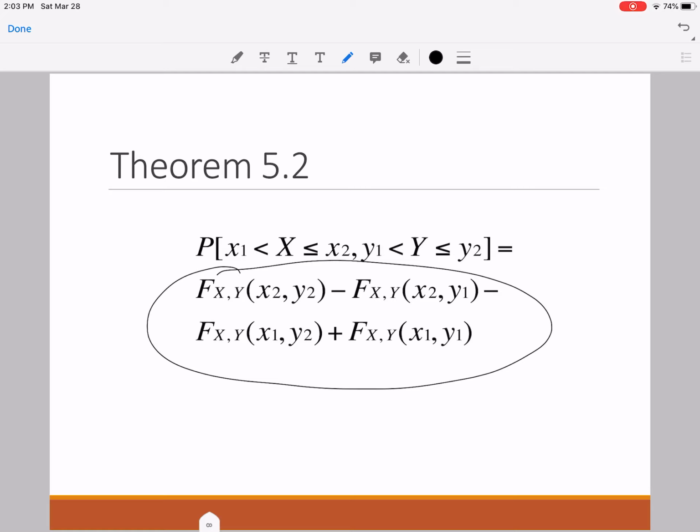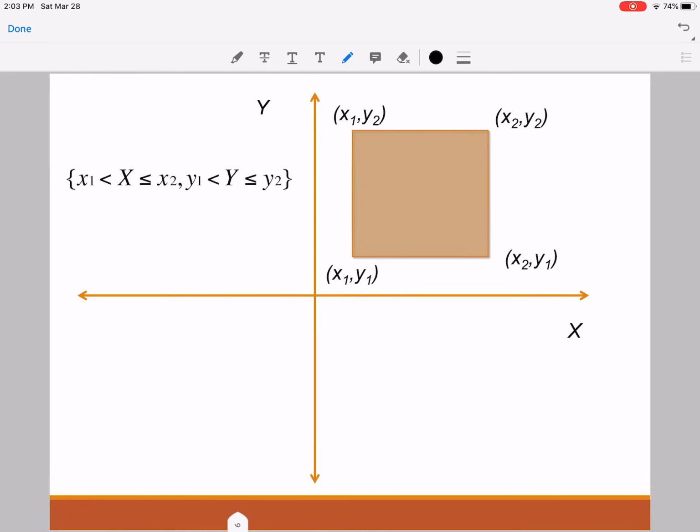First, I will evaluate F of x comma y at x2 comma y2, then subtract Fxy at x2 comma y1, then subtract Fxy at x1 comma y2, plus Fxy at x1 comma y1. So you can see here how unwieldy your joint CDF gets. So there's a good reason for you to start developing this hatred towards joint CDF and rely on some other probability models instead. Now let me give you the proof for this theorem.